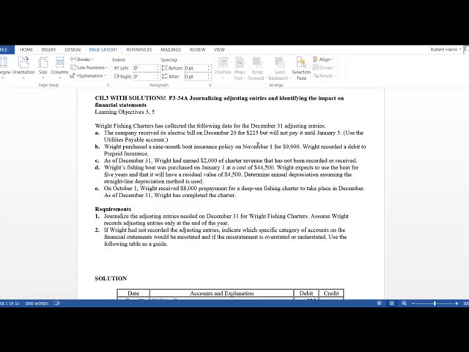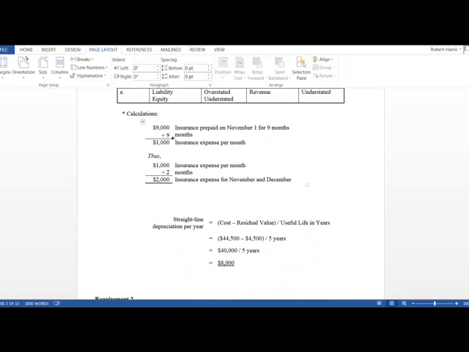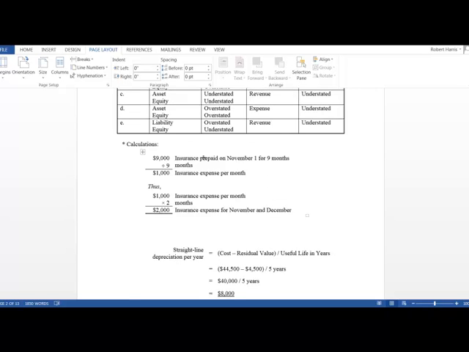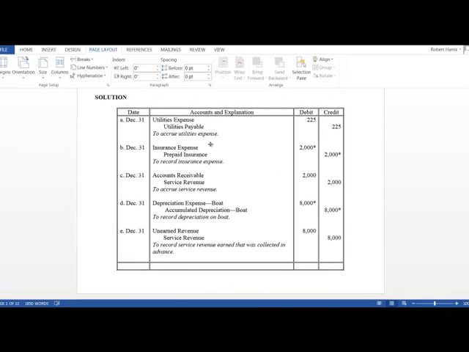We had it for all of November and all of December. Well, it was for 9 months, and it was $9,000. So if we say 9,000 divided by 9 months, that gives us $1,000 per month, and we had all of November and all of December. So we're looking at $2,000, and we used $2,000 of that insurance expense.